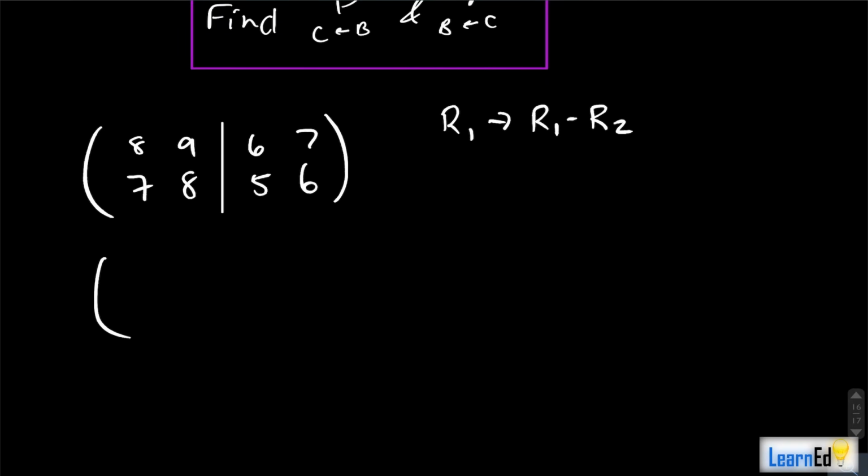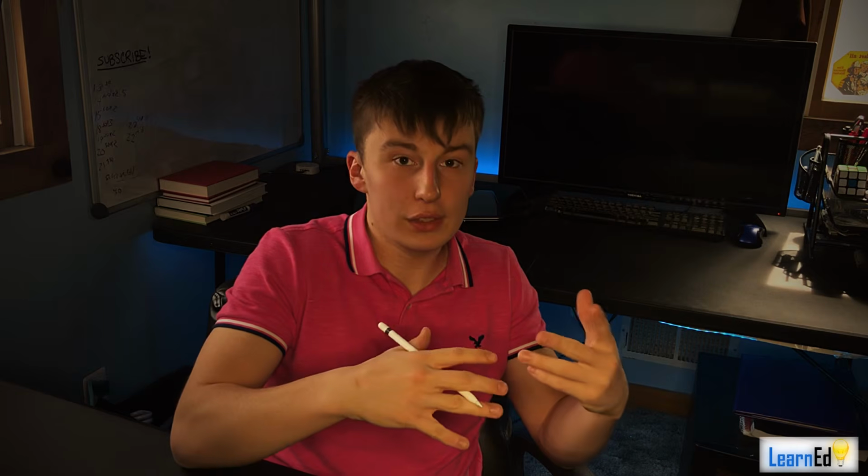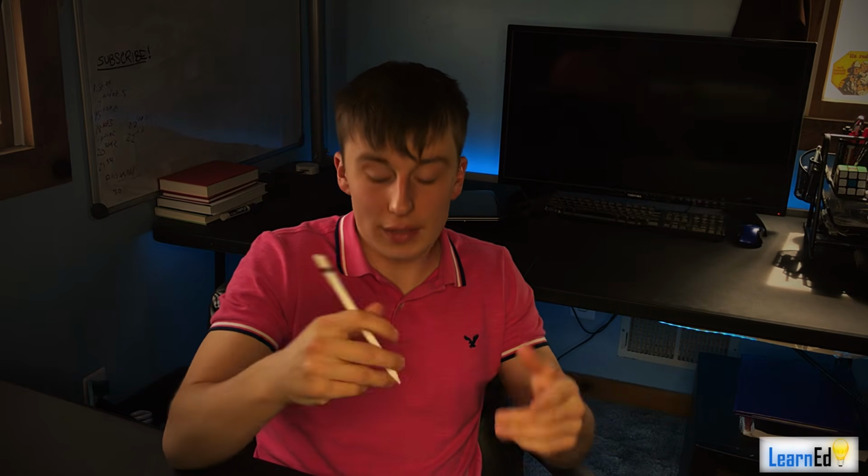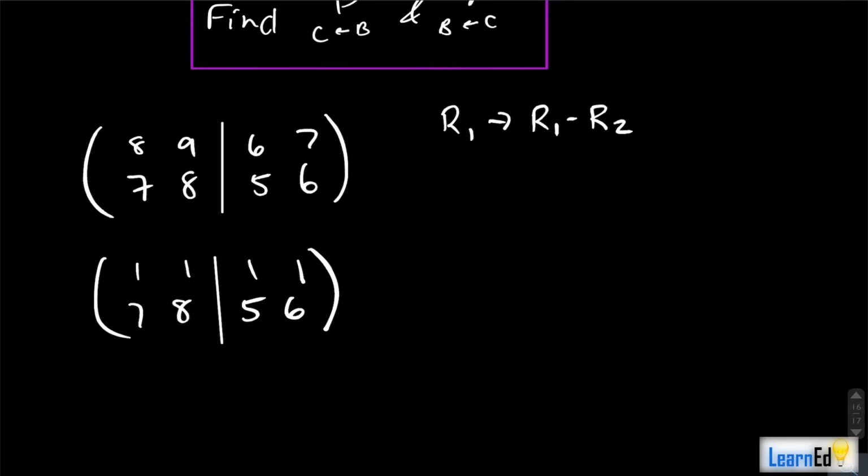Okay, and so if that happens, well, what's 8 minus 7? It's 1. 9 minus 8, 1. 6 minus 5, 1. 7 minus 6, 1. And then we have 7, 8, 5, 6 on the bottom. So you can row reduce to make something nicer. You don't have to necessarily zero something out when you row reduce. So it's an interesting tactic, and that's why I really wanted to show you guys this.